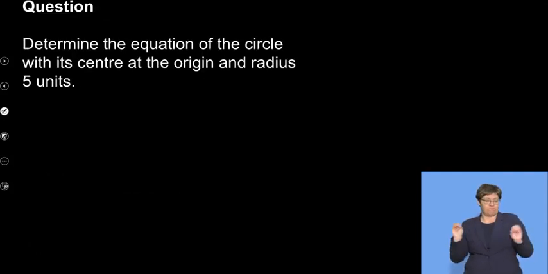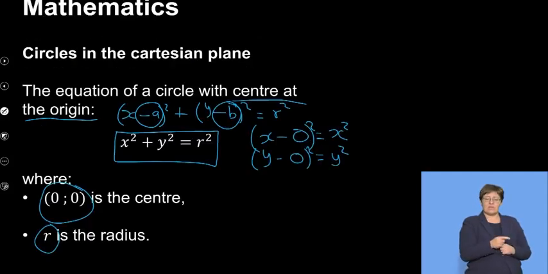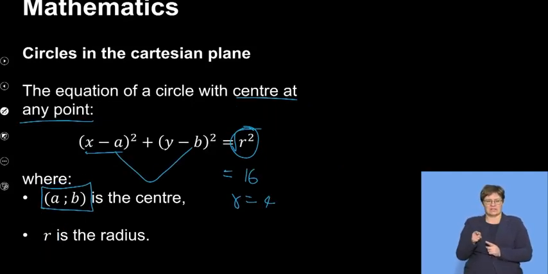To apply what we've just learned, firstly they say determine the equation of the circle with its center at the origin. So immediately I know the center is (0, 0), and the radius is 5 units, so that's r. Because the center is at the origin, you can just use this equation, instead of the other equation, which will definitely give you the same answer, just with a longer calculation since you need to substitute.